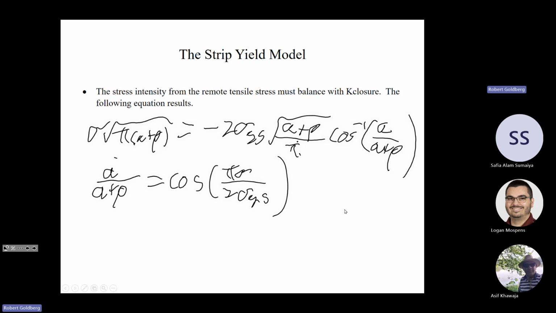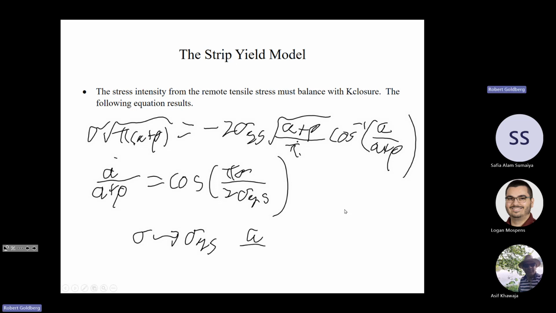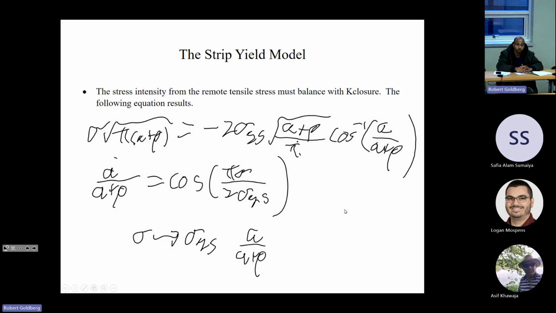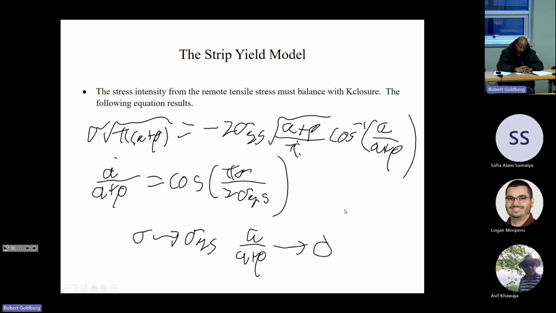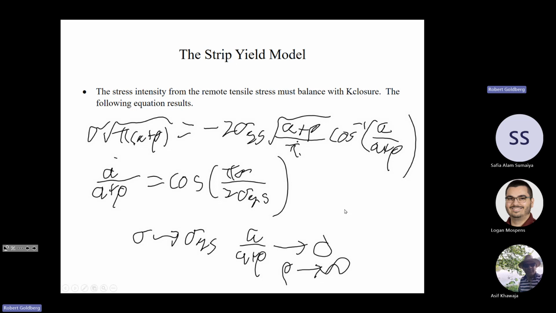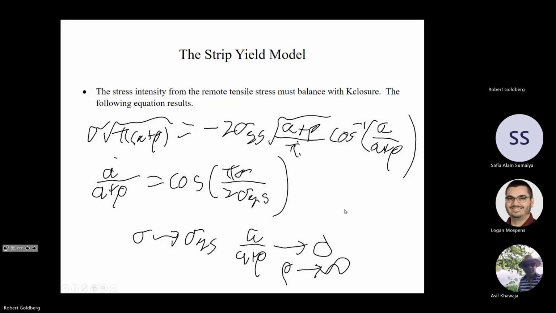So as sigma goes to sigma ys, a over a plus rho has to go to 0. Well, for an arbitrary crack size, the only way that's going to work is that rho has to go to infinity, because then something divided by a plus infinity is a huge number, so any number divided by a huge number will go to 0.